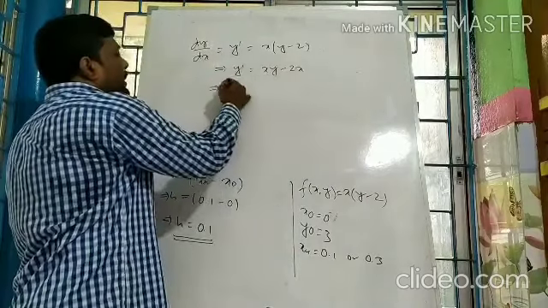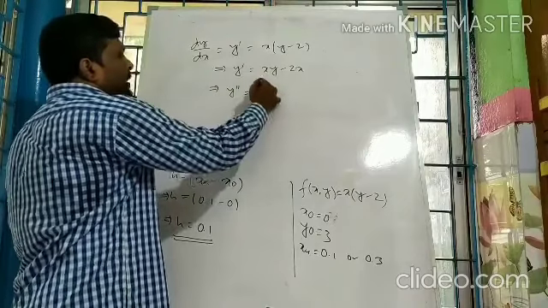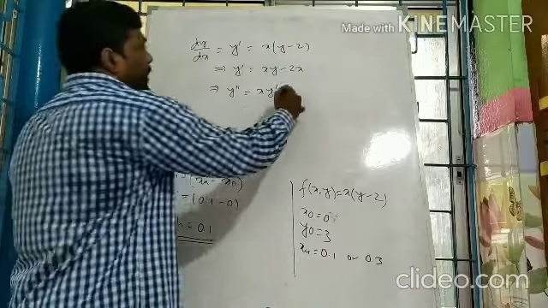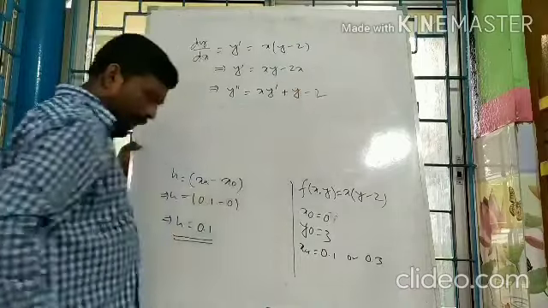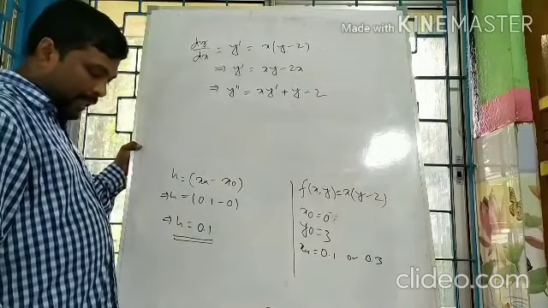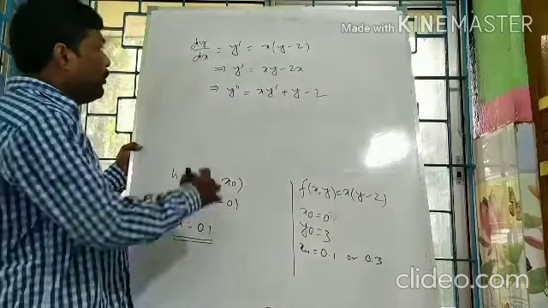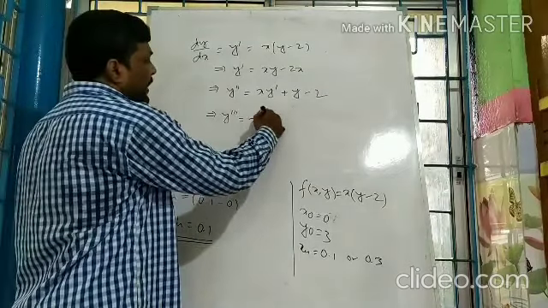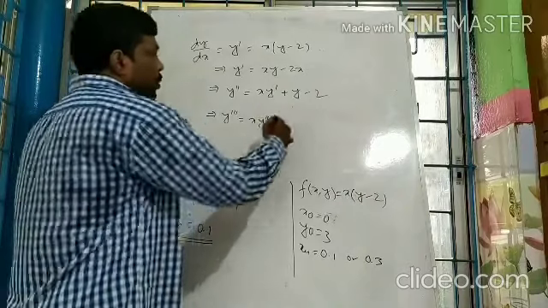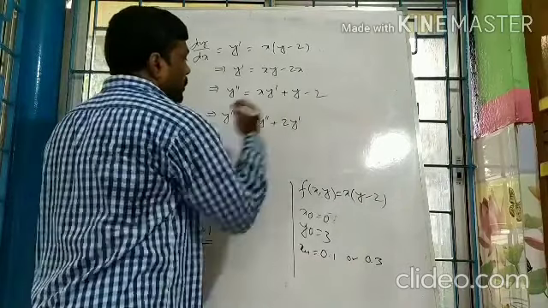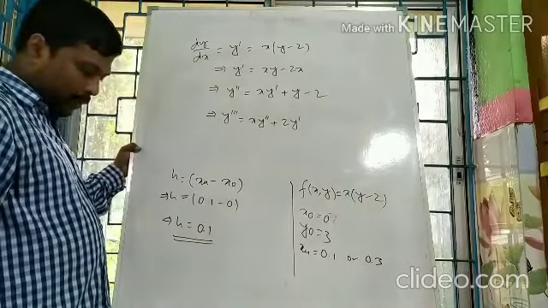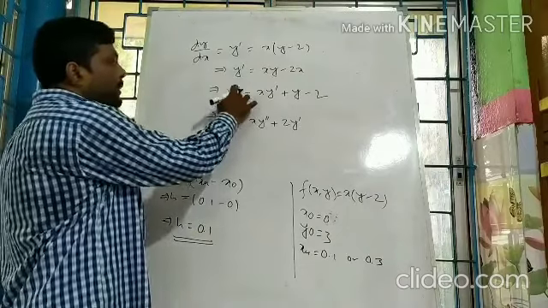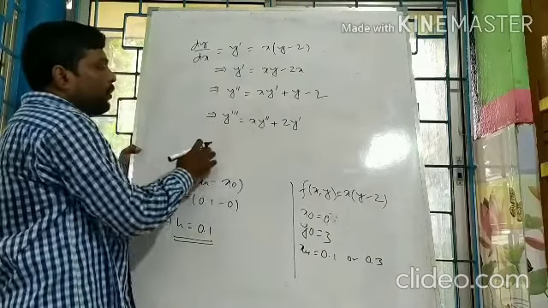Then calculate y''. y'' is x y' plus y minus 2. Then y''' is x y'' plus 2y'. This is the third order derivative with respect to x, and y'' is the second order derivative.